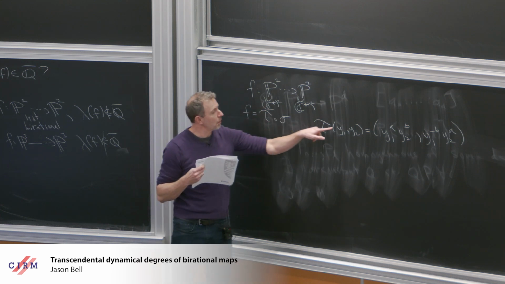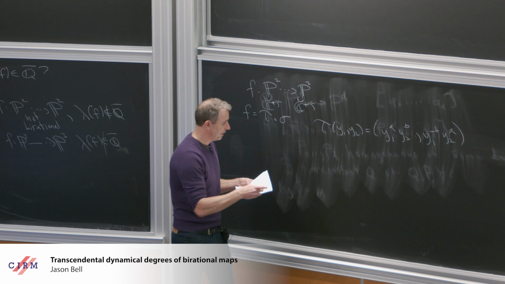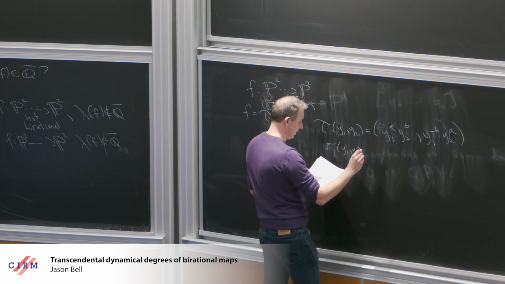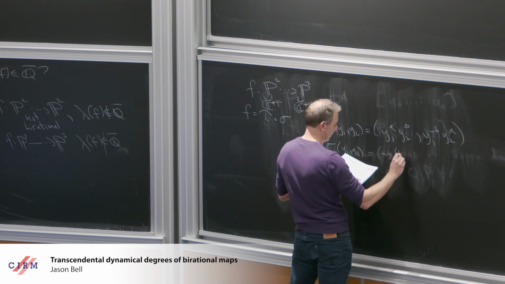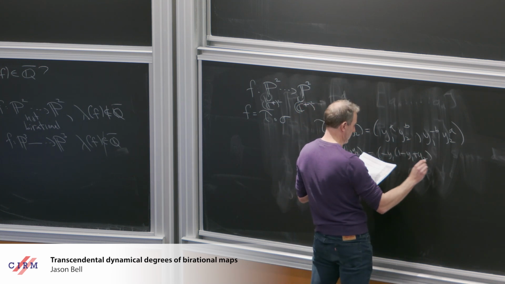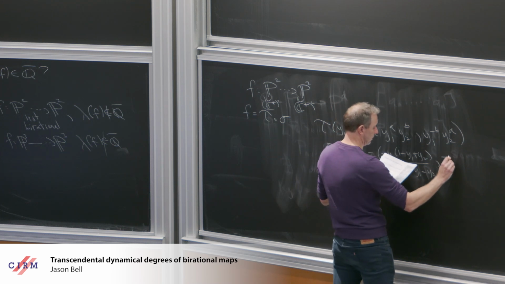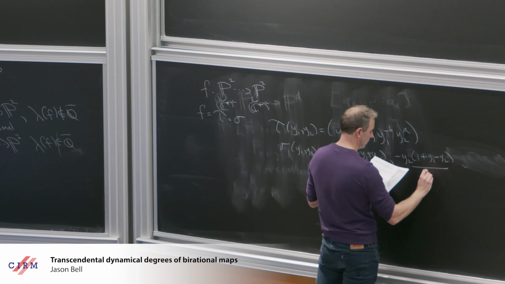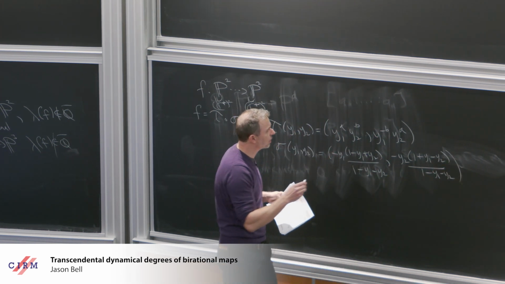And then if I use coordinates y1, y2 here, I can see my map this way. And then sigma is a map of this form. And we need some constraints here.